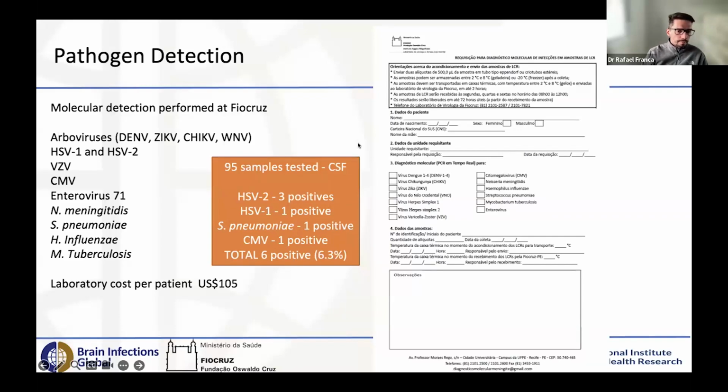That was much bigger than the previous data we found in the hospitals. And considering just the laboratory cost per patient, we estimated that in Brazil, molecular testing using this panel would cost around $100 per patient, which is not a high value. Next slide, please.